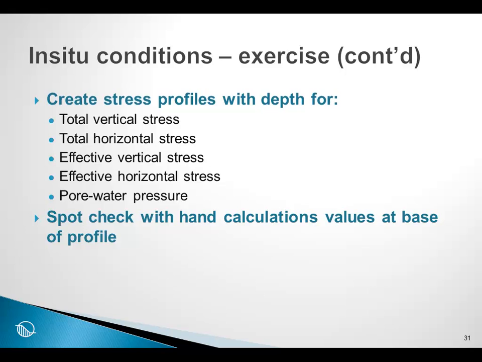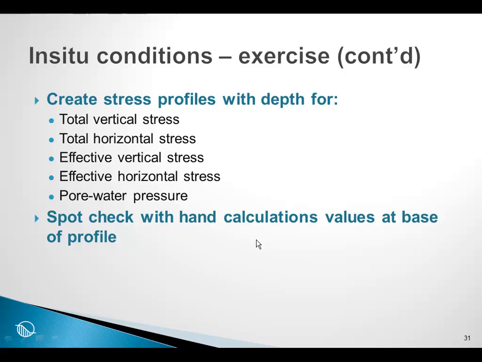So what we want to then do is to create stress profiles with depth for the total vertical stress, total horizontal stress, effective vertical stress, effective horizontal stress, and pore water pressures, and then to do spot checks with hand calculations at the base of the profile.